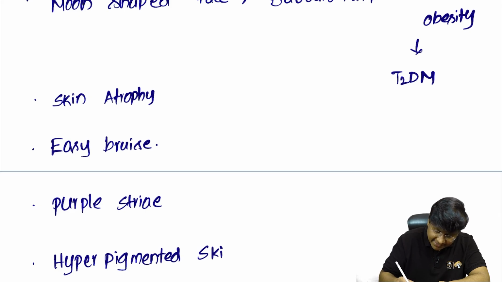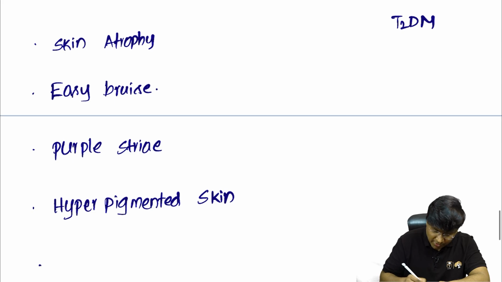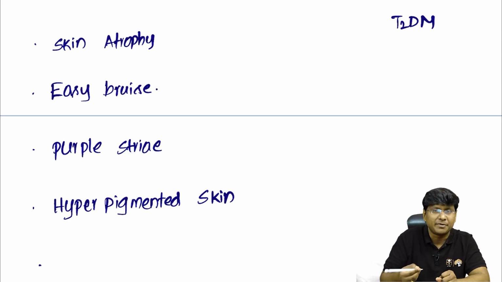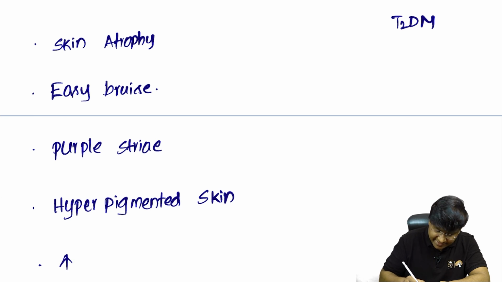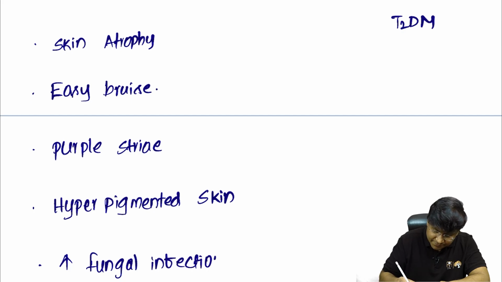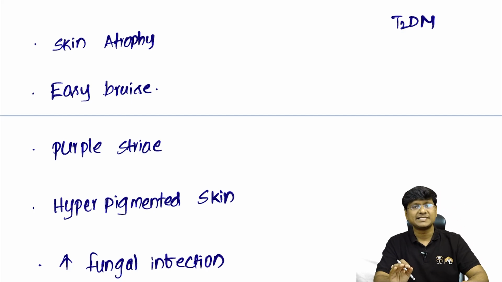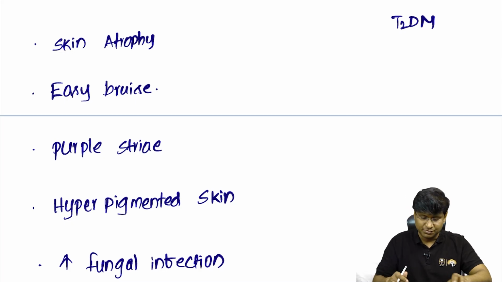And these patients will also have the development of an immunocompromised state, causing increased fungal infection. Okay, so these are all the skin manifestations that you will have in patients with the Cushing's.